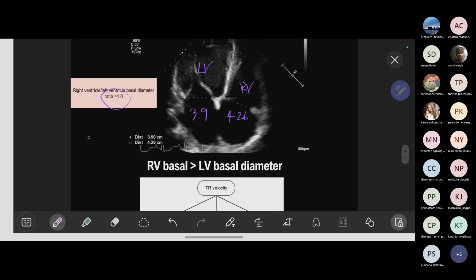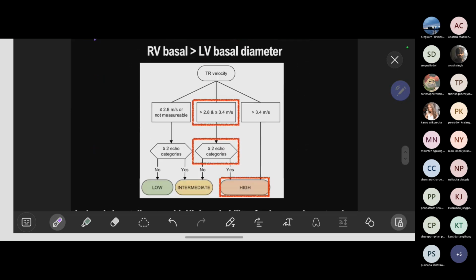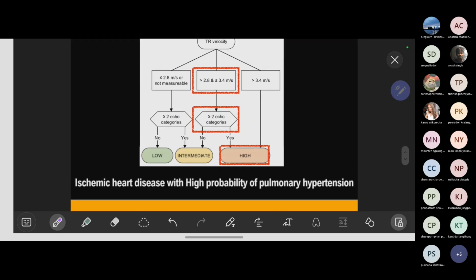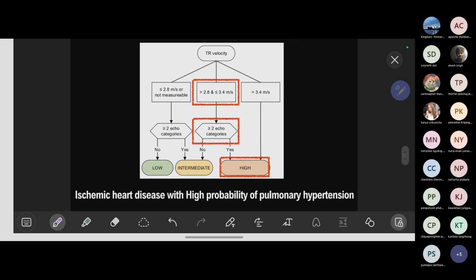So the ventricle category is abnormal. So you can conclude that this patient has high possibility of pulmonary hypertension, and the cause of pulmonary hypertension is ischemic heart disease.